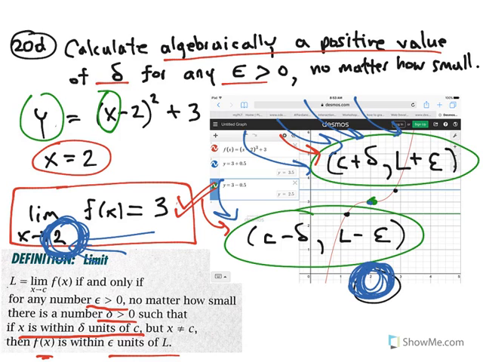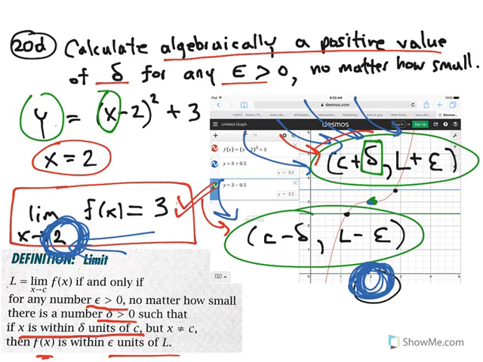And why do you want to choose the point that's closer to c? Because you want to make sure that once you've found your value for delta, whether you are c plus delta or c minus delta, in that range, if the input values are in that range, the output values will be within epsilon units of the limit.